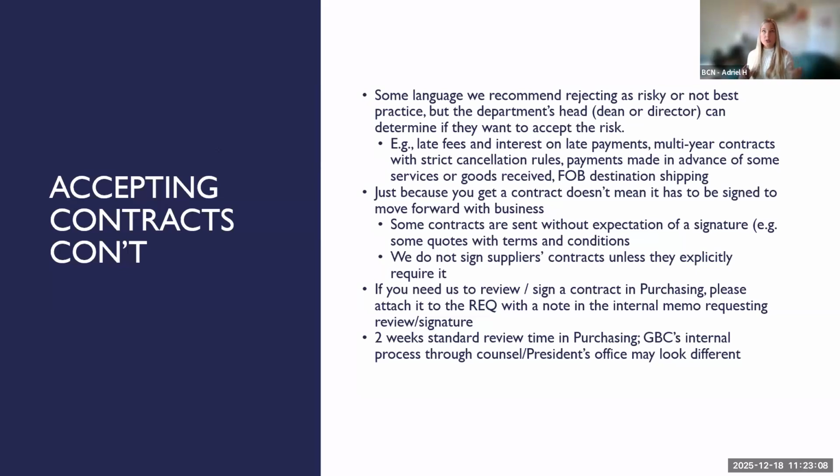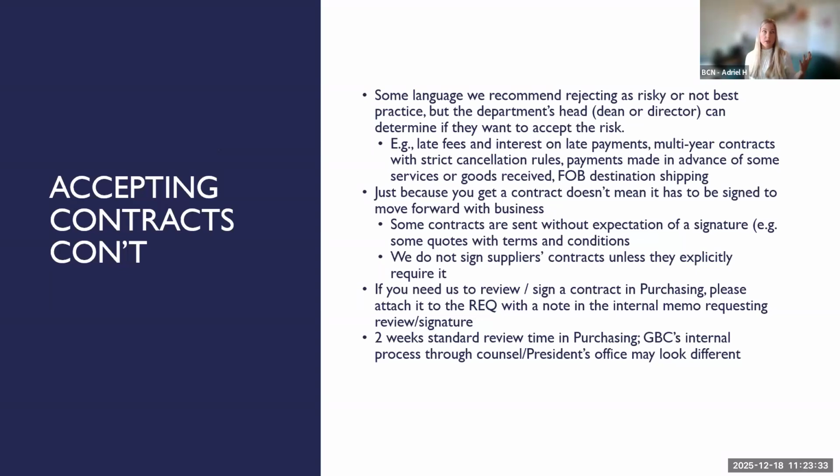So just because you see a place to sign on your method of procurement, your quote or your contract, doesn't mean that they actually necessarily need a signature. So if they don't ask for it, don't push for a signature. We will process a PO without a signature unless we are explicitly asked to sign it. And the reason for that is that our PO comes with its own terms and conditions.